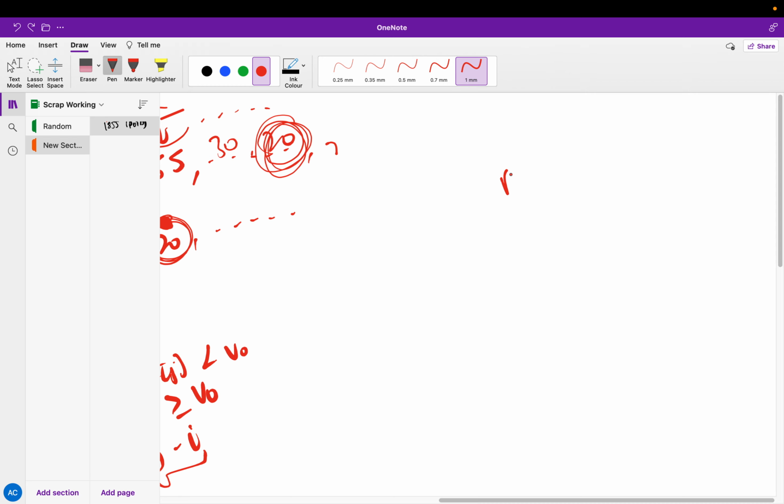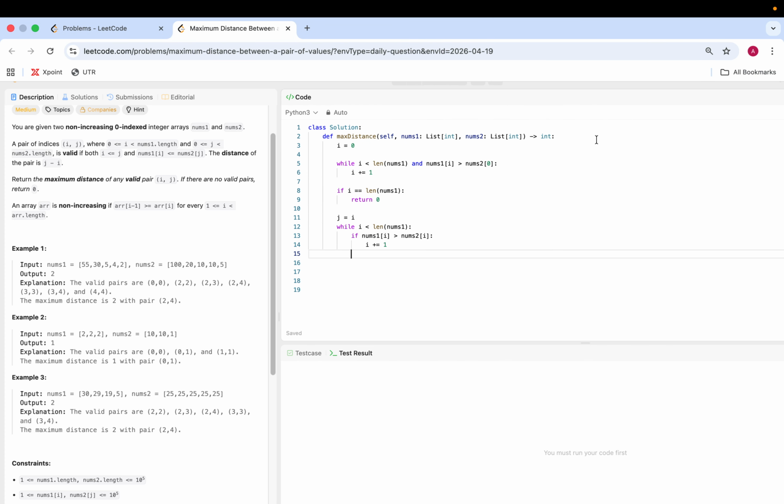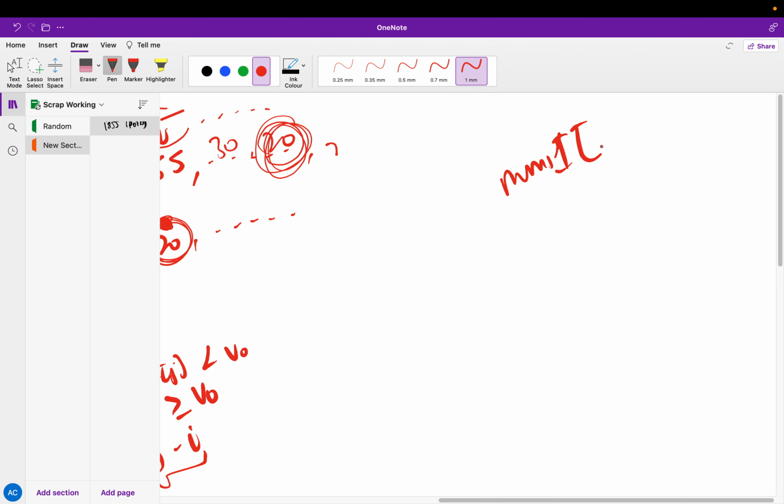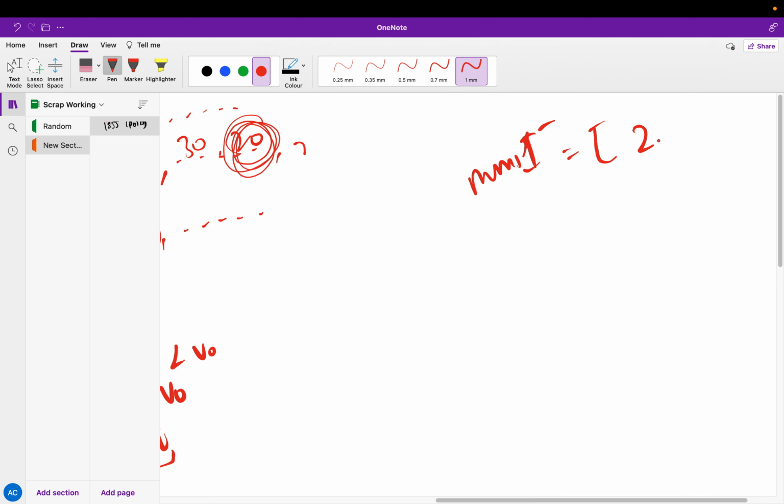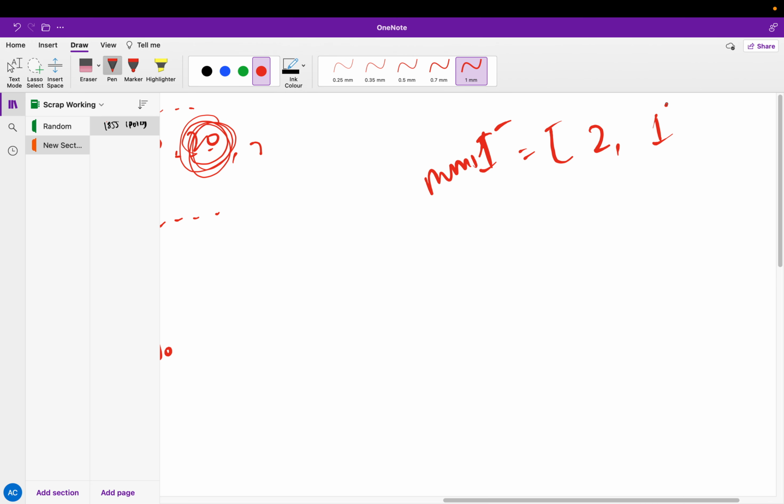If nums1 equals like 2 and then 1, and then nums2 equals like 3 then 0, the 0 part can sort of have a 0 over here, right?